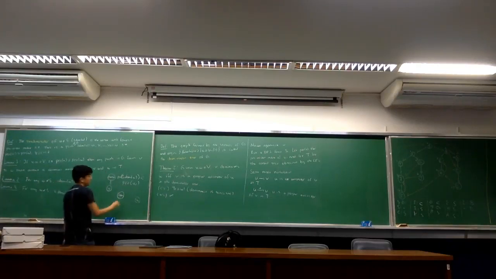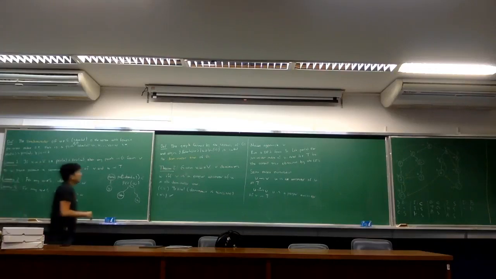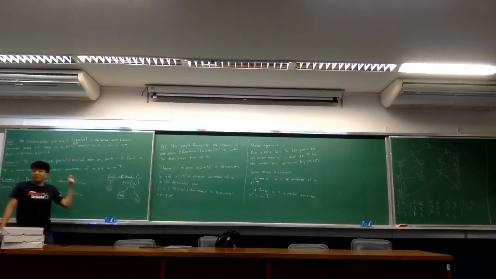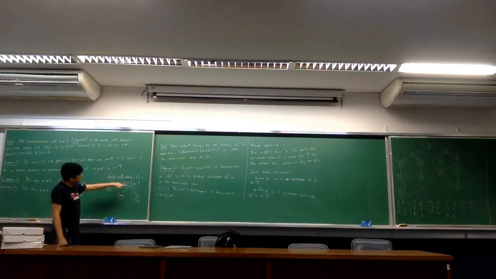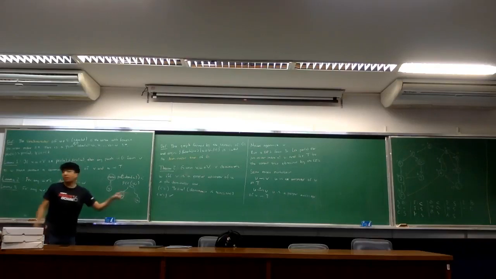There must be a path from this guy to this guy that goes to the common ancestor. But the common ancestor of these two vertices has to have a lower preorder index than those two, because in the DFS tree you reach this guy first, before these two guys. So the preorder of this guy is lower than the preorder of these two.